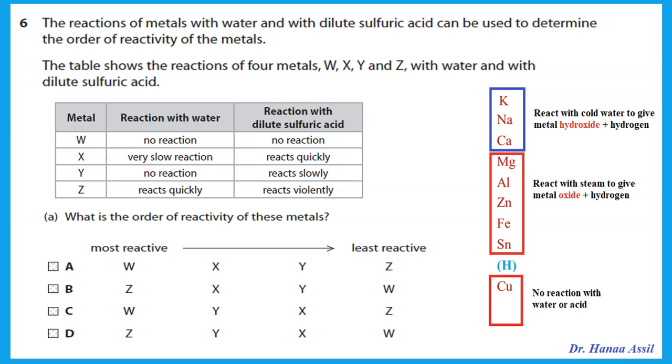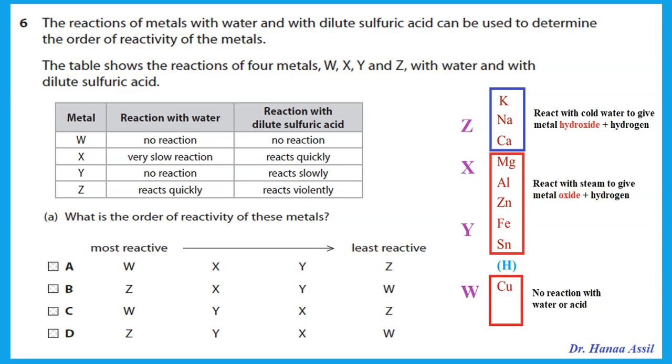So if we look at the metals given, W did not react with water and did not react with sulfuric acid. So if it does not react, that means it is what? That means it is lower in reactivity than hydrogen. So it's very low in reactivity. X reacted slowly with water and quickly with acid.